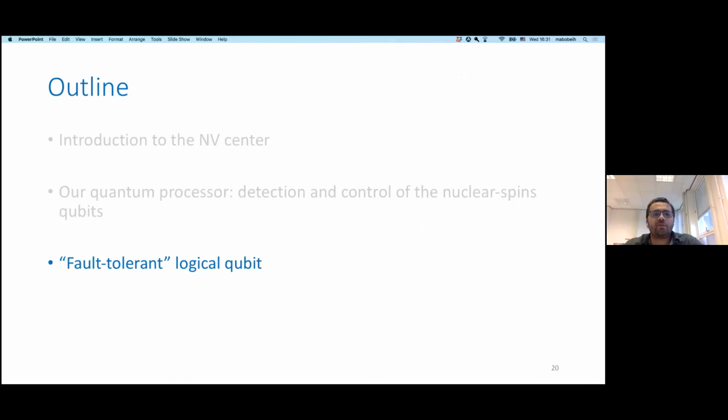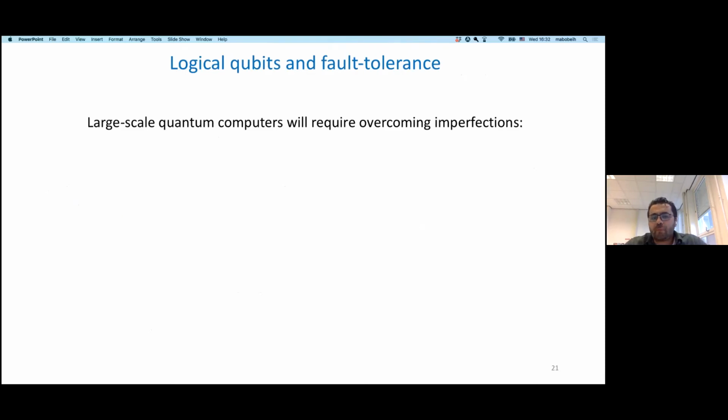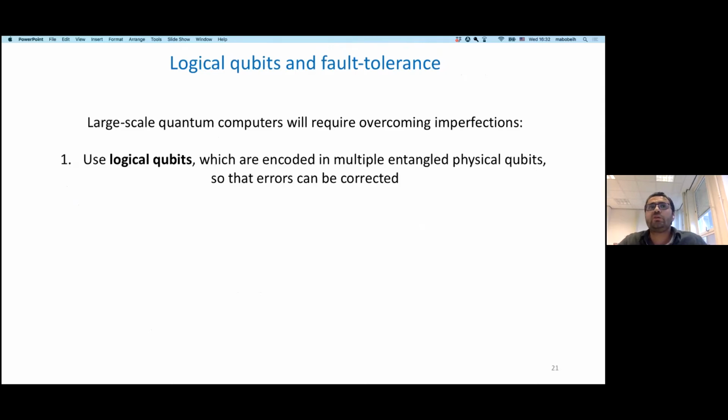Right. Okay. So now we come to the last part of my talk, which is fault-tolerant operation of a logical qubit. As most of you may know, large-scale quantum computers will require overcoming imperfections.